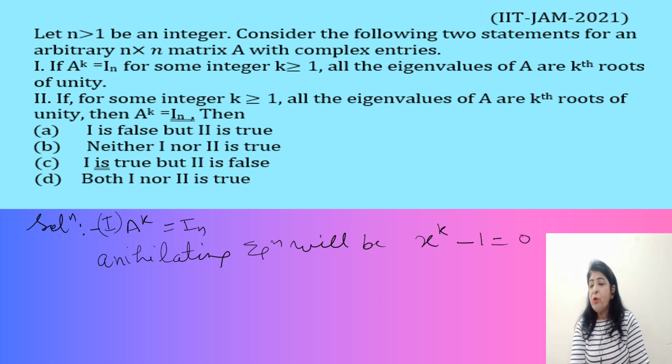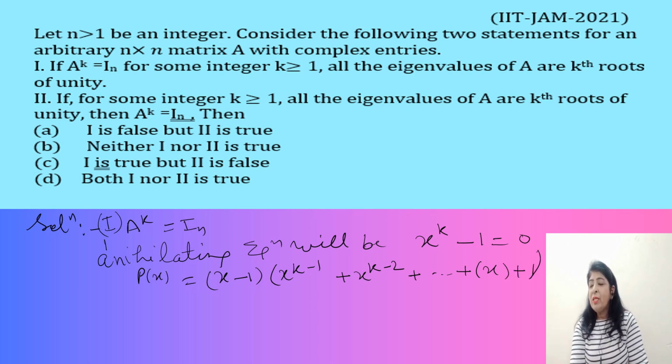For the polynomial p(x), this is equal to x minus 1 times x^(k-1) plus x^(k-2), and so on, plus x, and then plus 1.